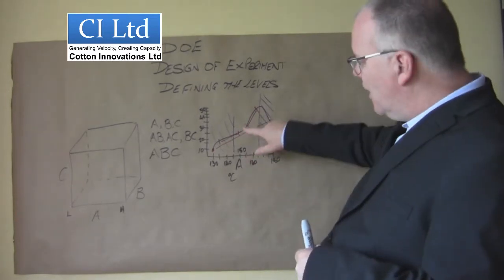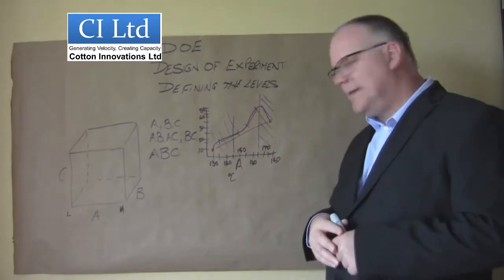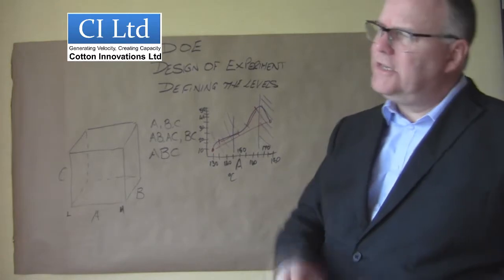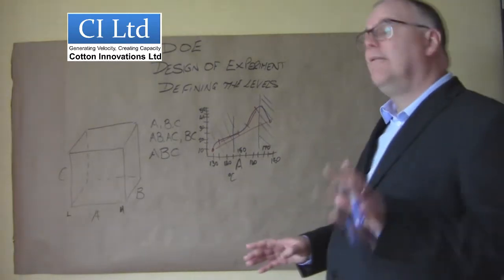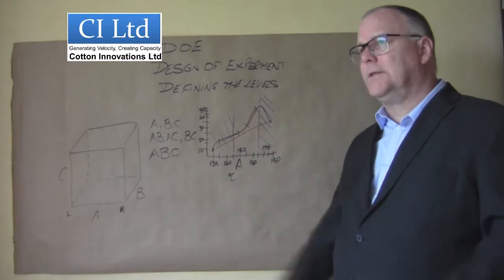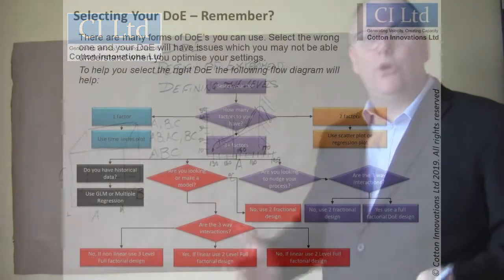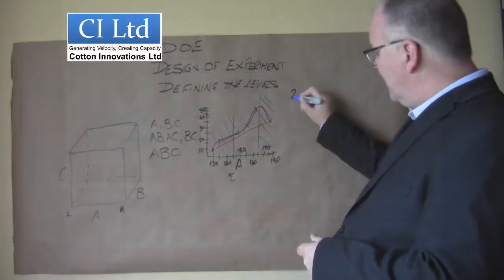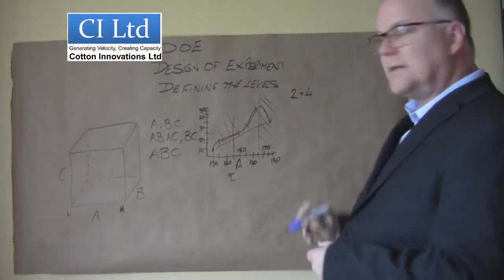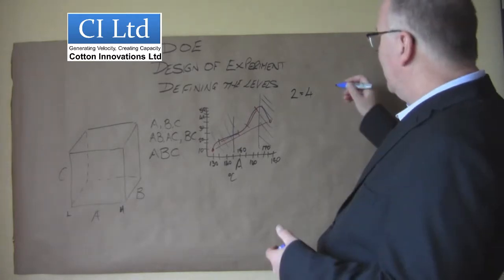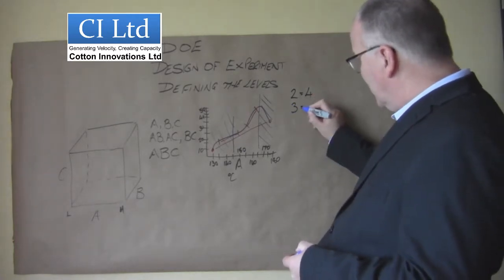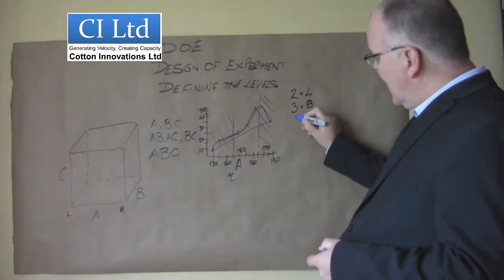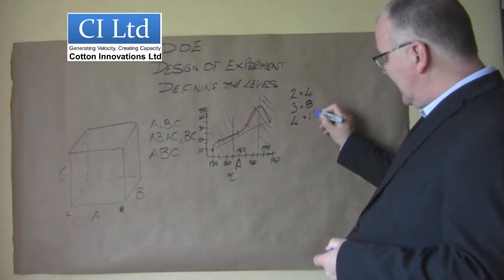Now, because there's a curve here, we need to start thinking about how we're going to deal with that. There's two ways we can deal with it. One is we can go to a 3-level design, which is a great thing to use. Unfortunately, it multiplies the number of experiments by the cube instead of by the square. So instead of having 2 experiments, which equals 4 tests, 3 experiments, so A, B and C, would require 8 tests, and then 4 would equal 16.